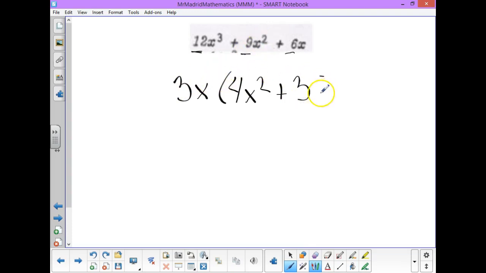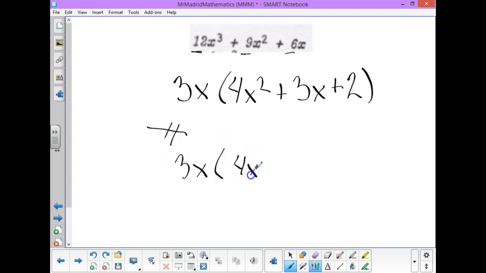I have x squared divided by x, I'm left with an x. And lastly, I have 6 divided by 3, I'm left with a 2, and x divided by x is a 1. I could put times 1, or I can just leave it blank. So there's the answer.